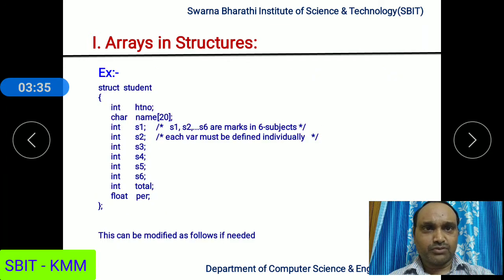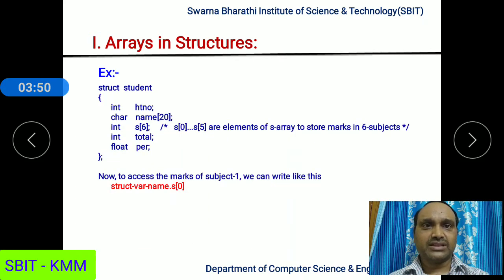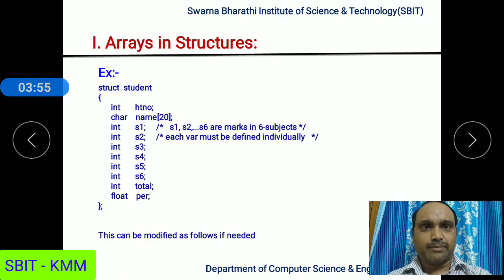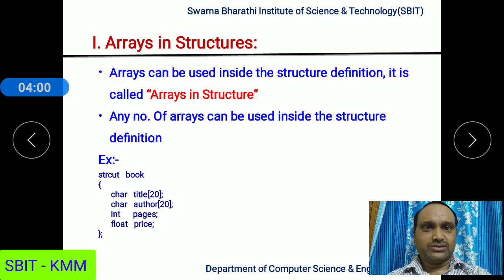Similarly, we have used name, which is also an array of characters, inside the student structure. Then we worked with another structure called employee, and inside the employee structure also we have used an array. So in every C program we have been using arrays in structures. It is very common to use arrays inside the structures.